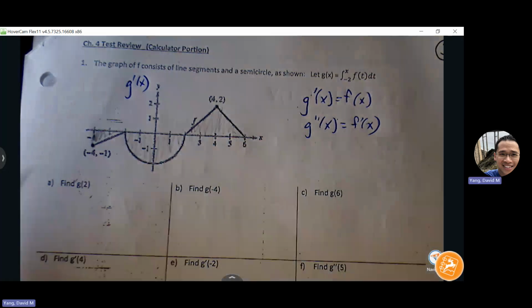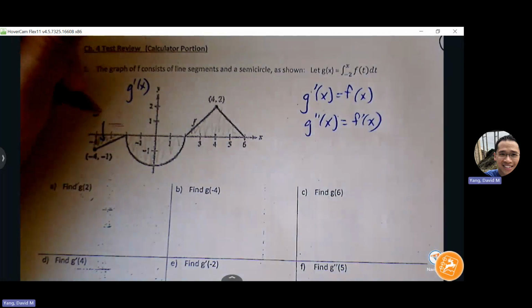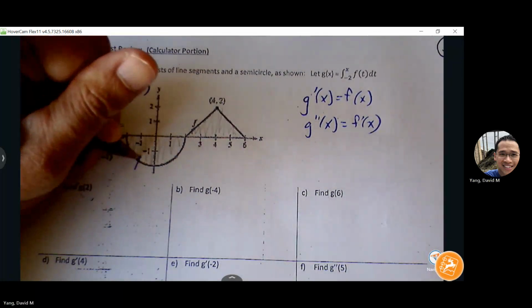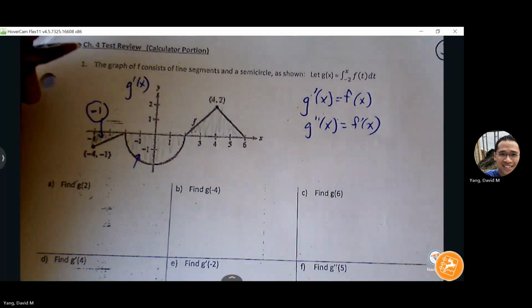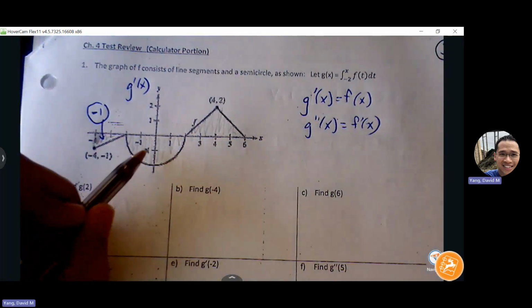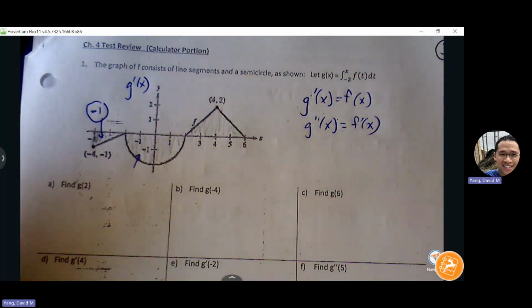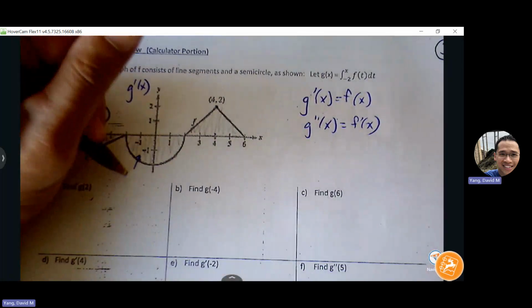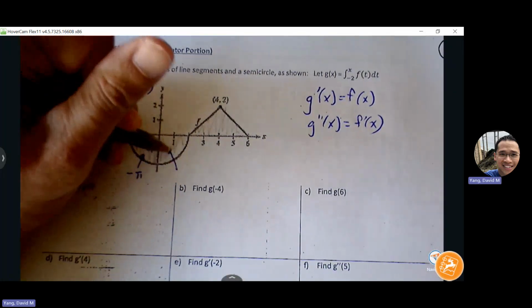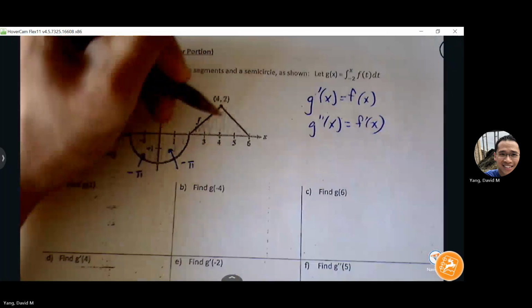I'm going to just label what those values are. One half pi r squared. My area is going to be -2 pi, but I'm going to split it up into negative pi and negative pi here.